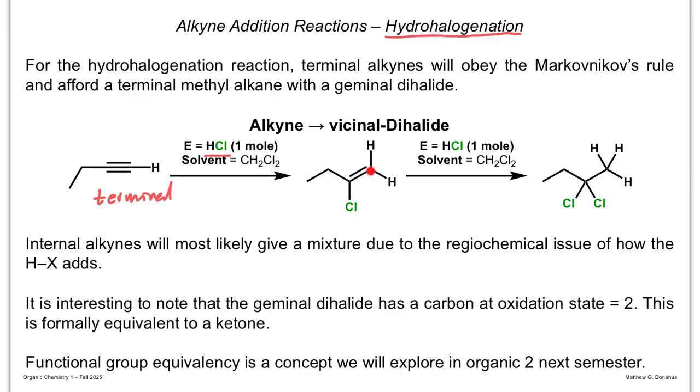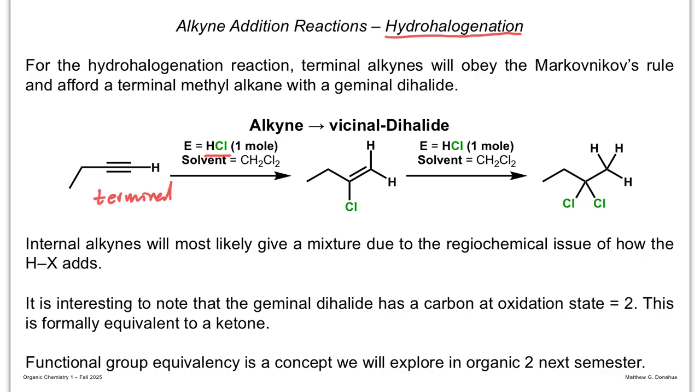That's going to undergo a Markovnikov addition, where Markovnikov states that the carbon of the unsaturation bearing the hydrogen, more hydrogens, gets the electrophile. And so the halogen traps it internally. And then you can repeat that process where the halogens end up on the internal carbon.